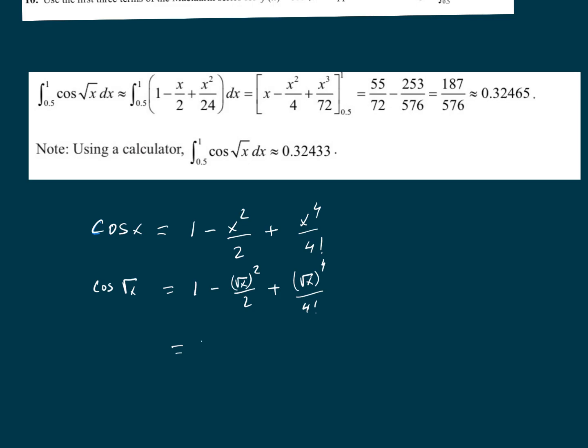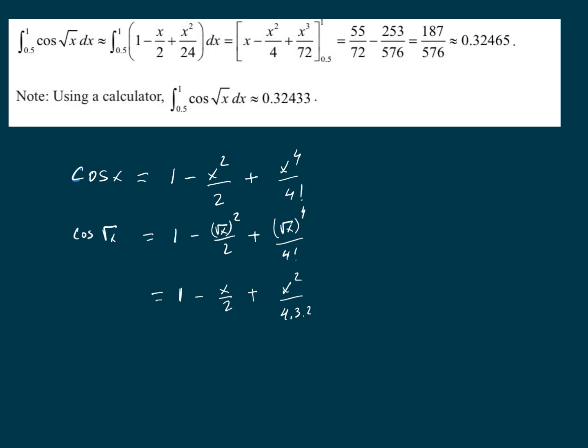Cosine of square root of x will be 1 minus x divided by 2 plus x squared divided by 4 factorial. 4 factorial is 4 by 3 by 2, which is 24. So it will be 1 minus x divided by 2 plus x squared divided by 24.